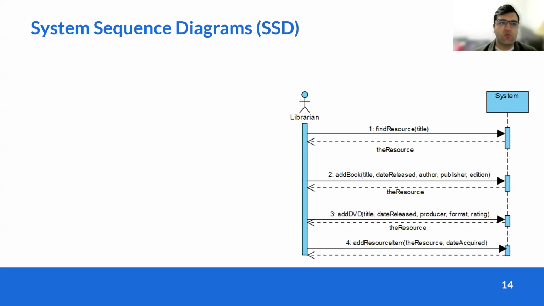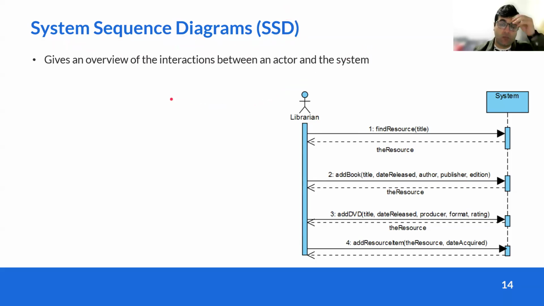Okay. So we move on to system sequence diagrams, SSD. This is not the memory storage. This is system sequence diagram. So now that we know what the different use cases are supposed to do, the different steps, we need to see how the system and the users will communicate.